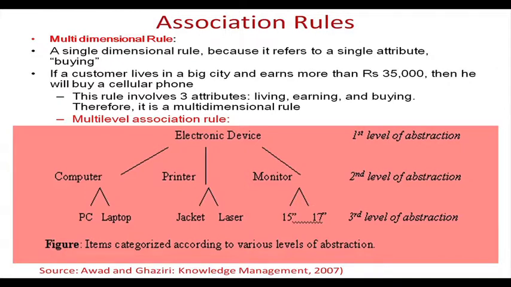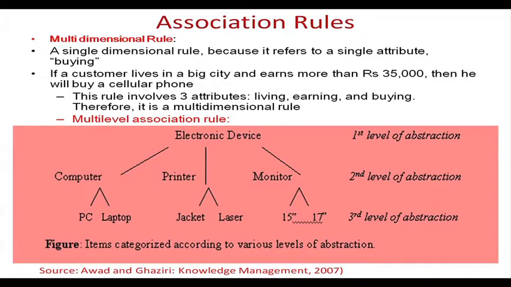Now, printer again you are going to have two options, whether you are going to buy inkjet printers or a laser printer, right. Then monitor, whether you are going to buy a 15-inch or below, or a 17-inch and above, right. So, you can even categorize it at different levels of abstraction. So, it becomes easy for you to decide.